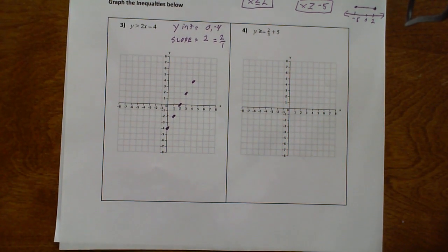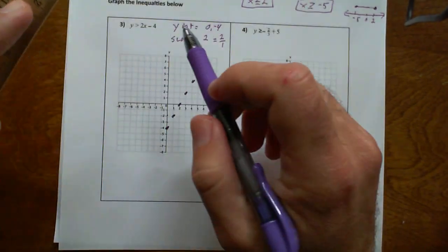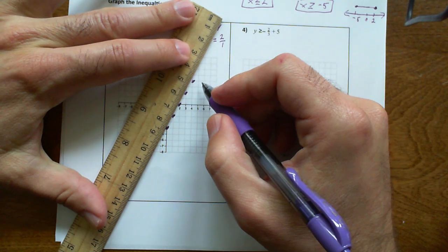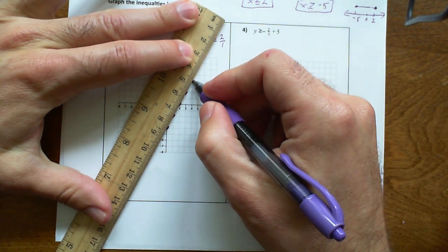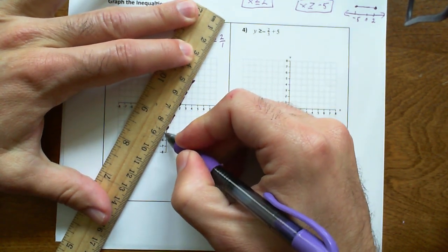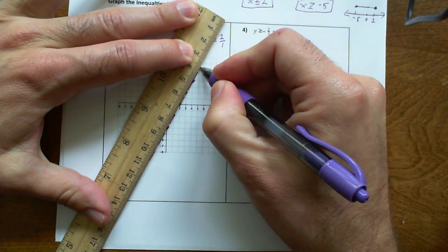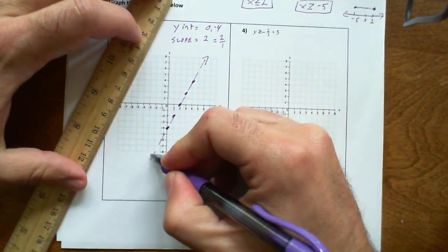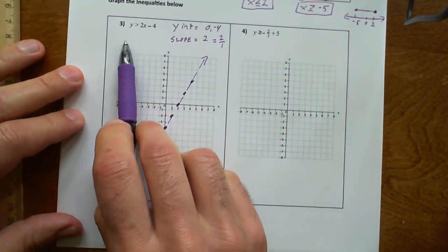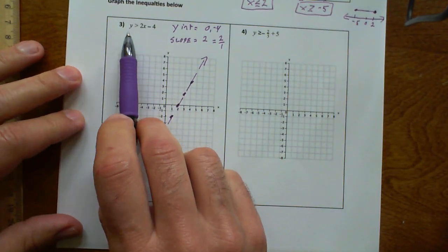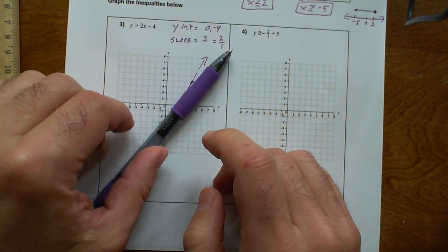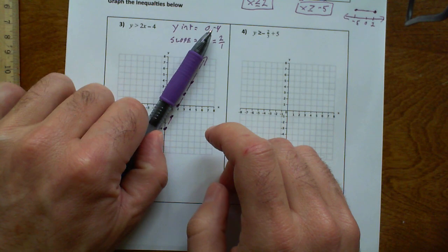Now, it's not equal to, of course, use a ruler or a straight edge. It's not equal to, so the line will be dashed. Got a dashed line. It'll look like that. Now y is greater than, so that means I will shade up.